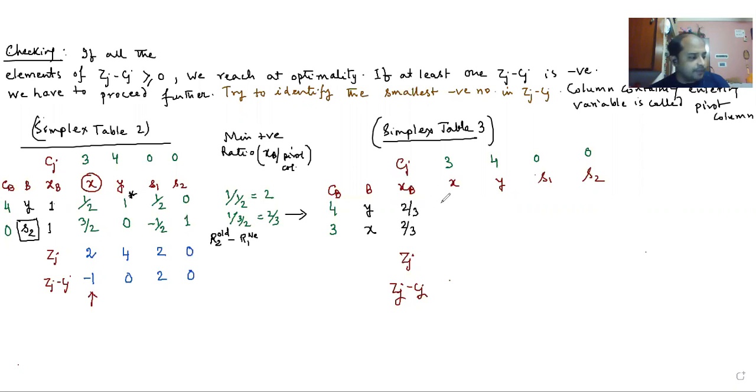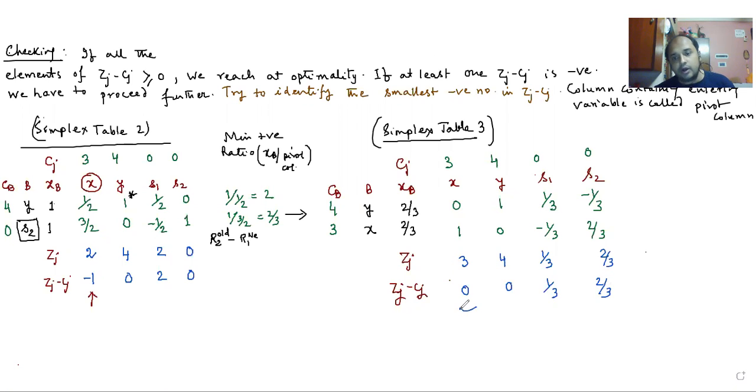Similar calculations have been done, and we have got this table, which is 0, 1, 1/3, minus 1/3, 1, 0, minus 1/3, 2/3, and the matrix calculation gives me 3, 4, 1/3, 2/3, and Zj minus Cj gives us 0, 0, 1/3, and 2/3.